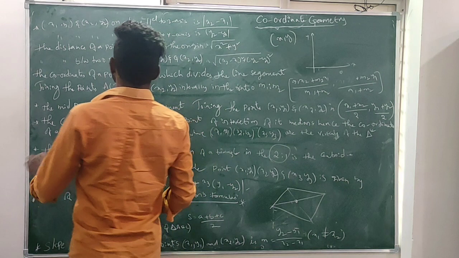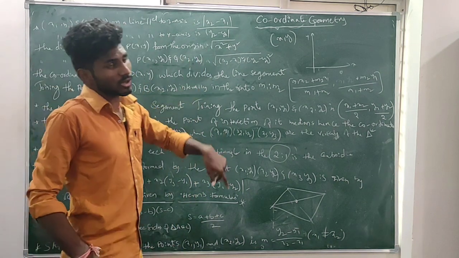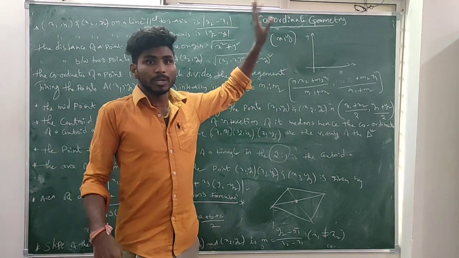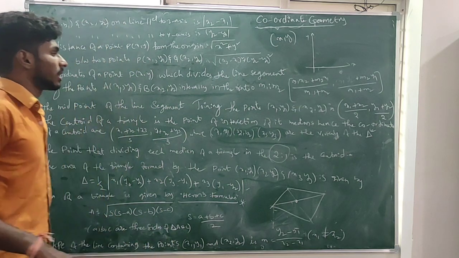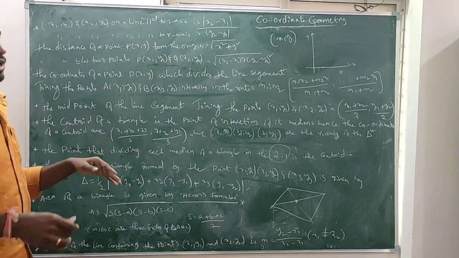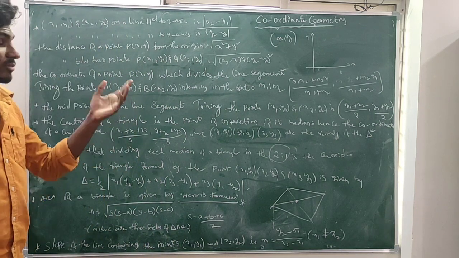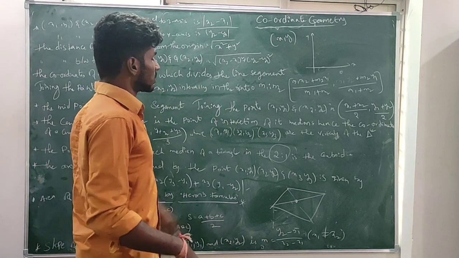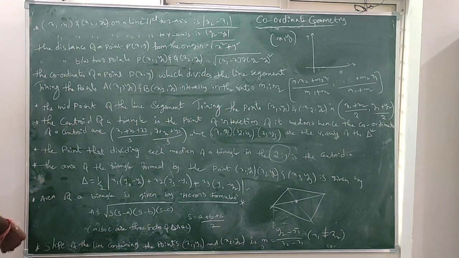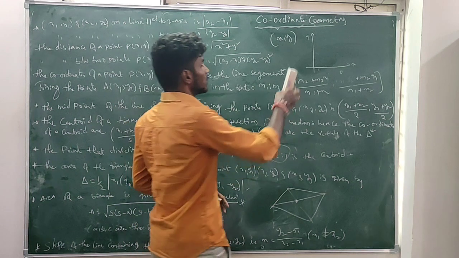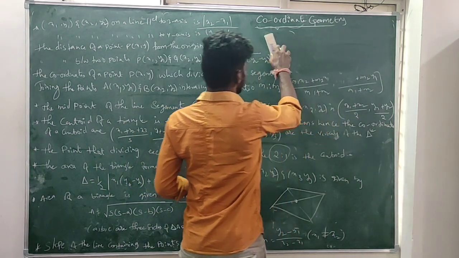I am interested in finding the distances between those coordinates, the midpoint of the coordinates, and how the lines form and what shape they form. These are the things we would like to find out in this chapter. We will see each and everything in detail.